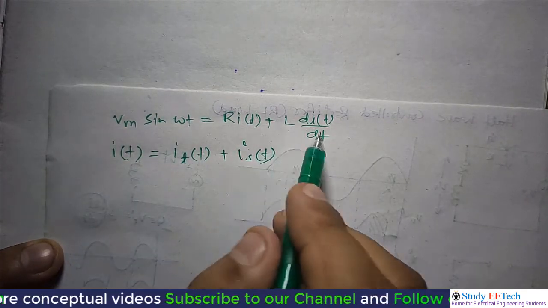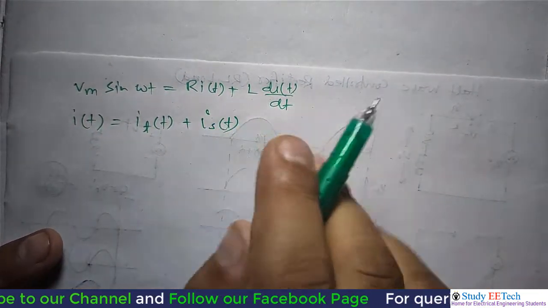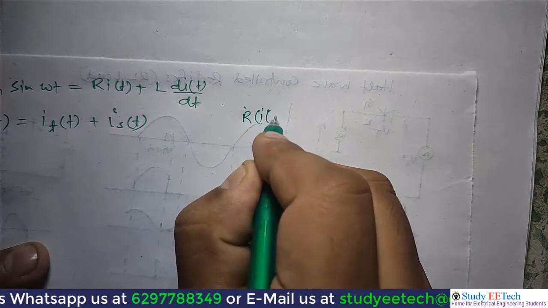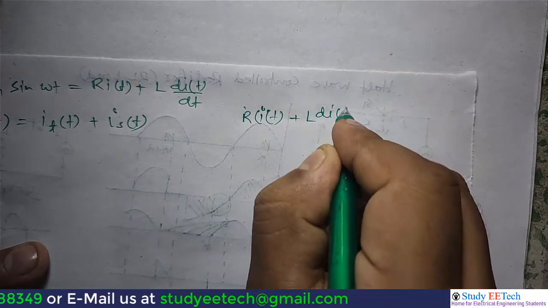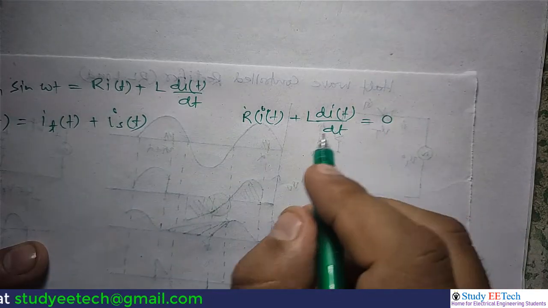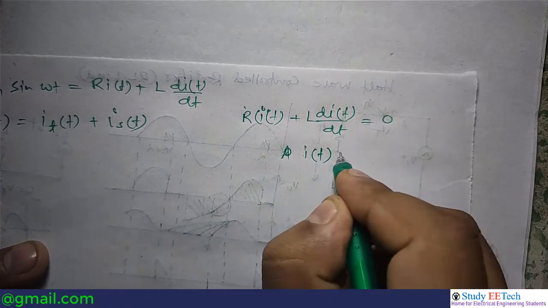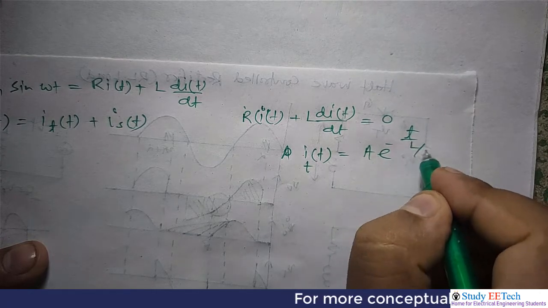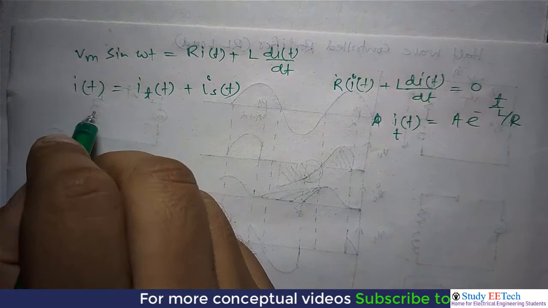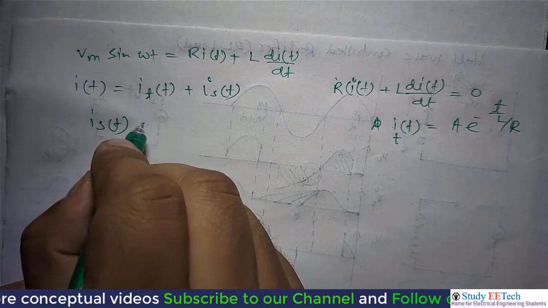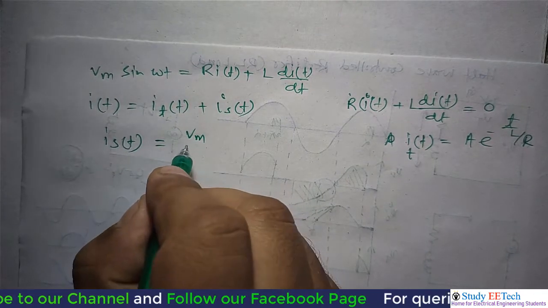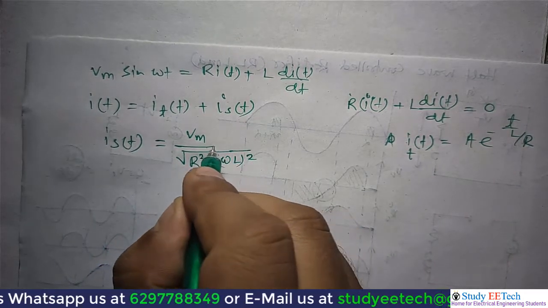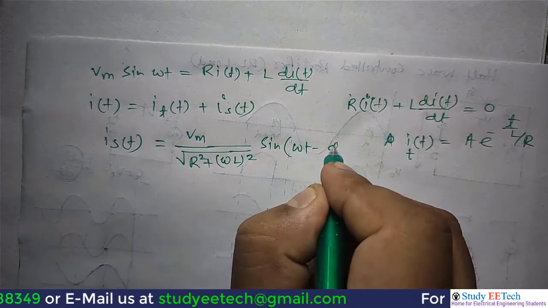Every differential equation has this form, and the transient portion is the source free equation, R into i(t) plus L di(t)/dt equal to 0, the source free state, and this will have the solution i_t(t) equal to A into e to the power minus t by tau, or L by R. The steady state, i_s(t), will have the voltage divided by root over R square plus omega L square, the impedance, into sin(omega t minus phi).